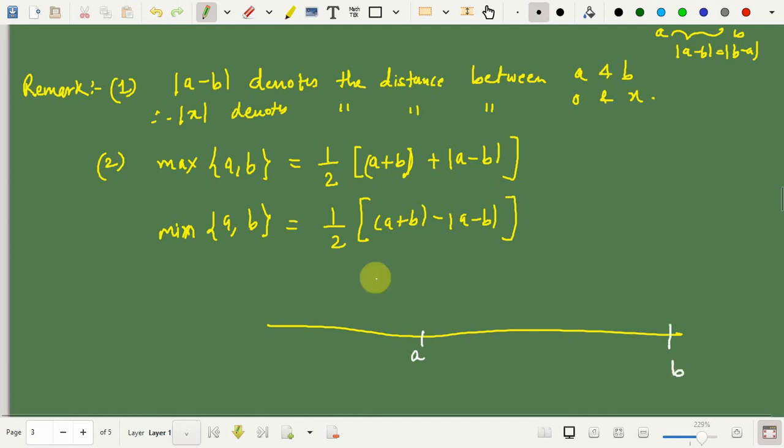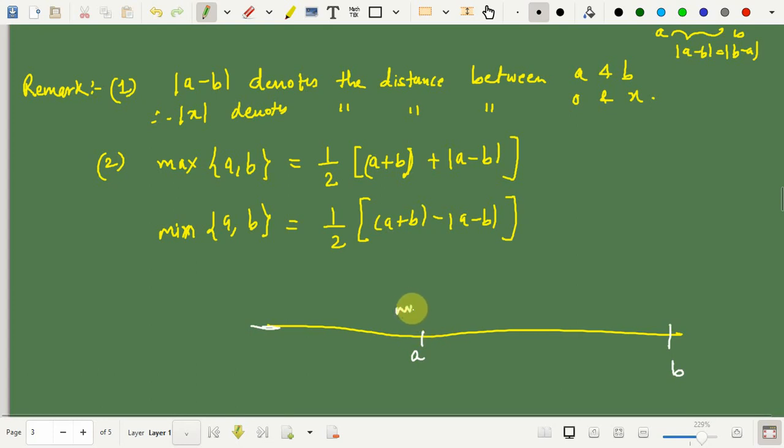Now, since a lies to the left of b, this a has to be less than or equal to b. So, if I compare both of them, this a is actually the minimum of a comma b.